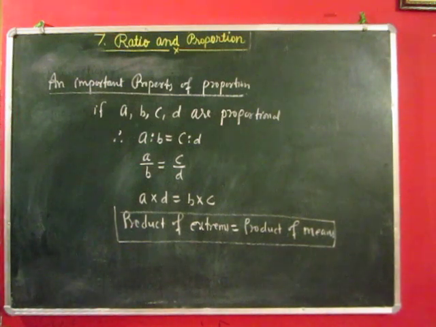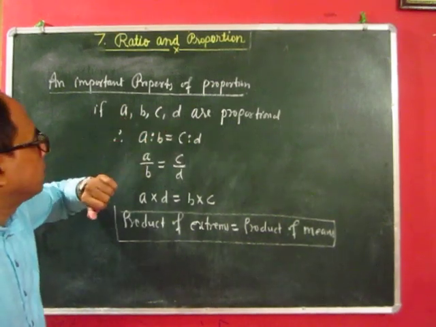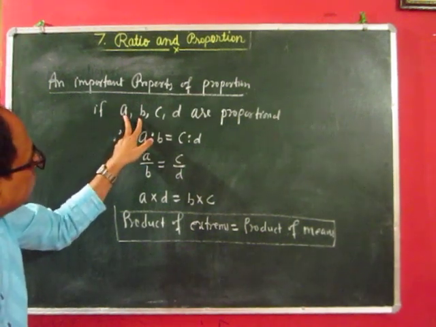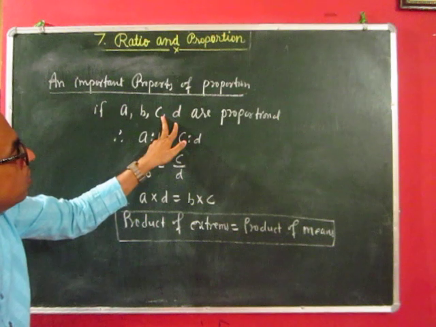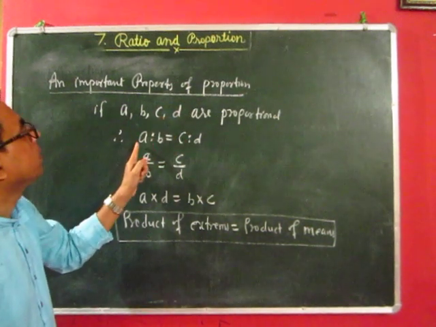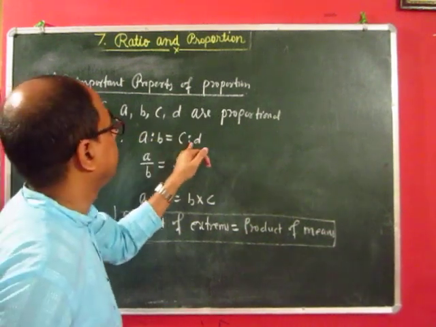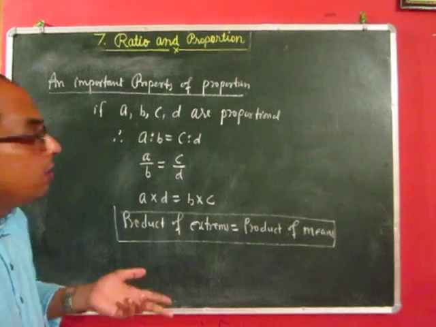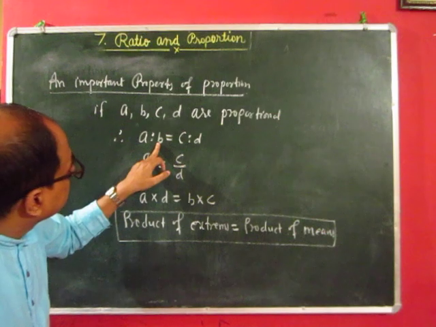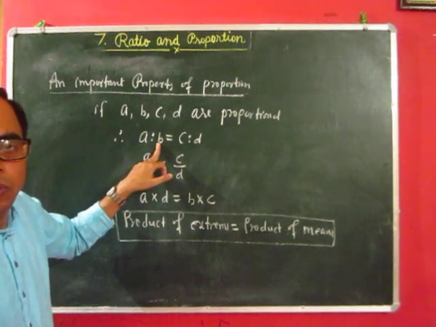Now if A, B, C, D are proportional, then ratio of A is to B and C is to D are equal. Since on the left side we get ratio of A and B, and on the right side ratio of C and D, for a ratio to be defined, these two quantities must be of same kind and having same unit.